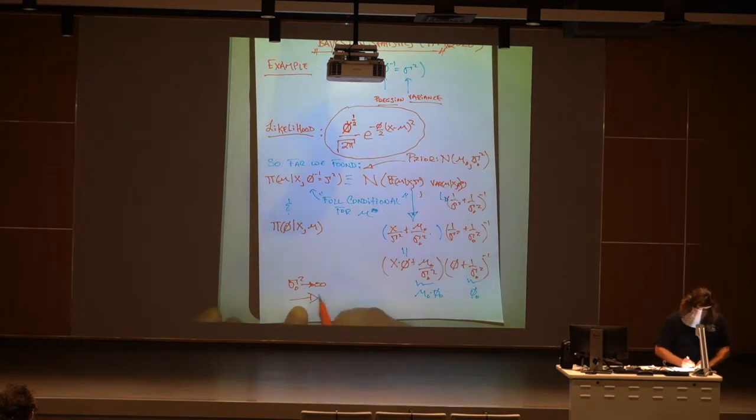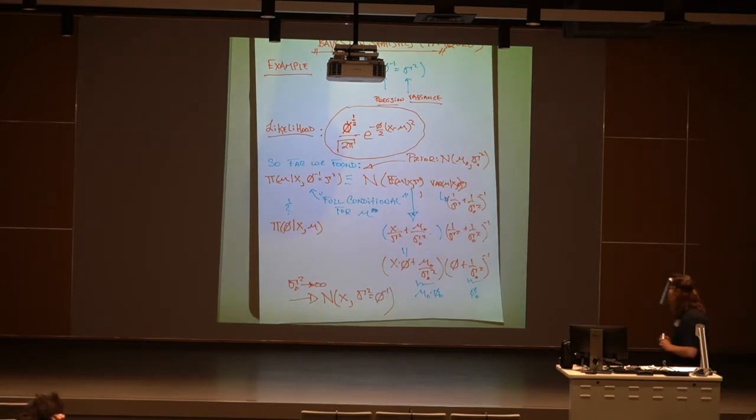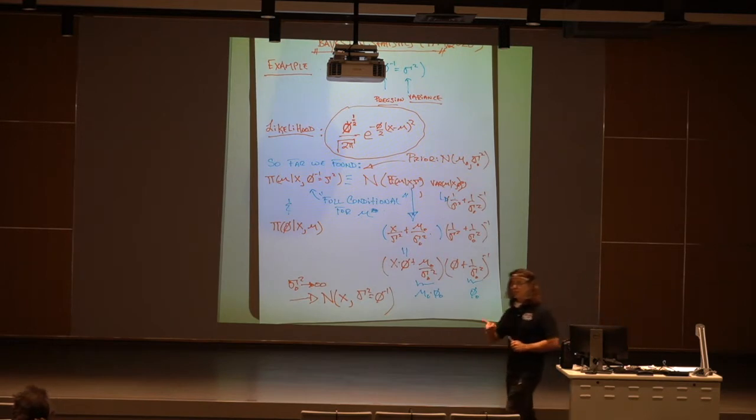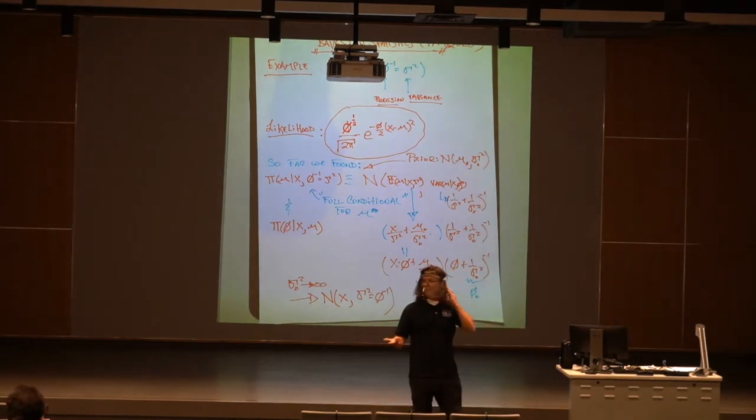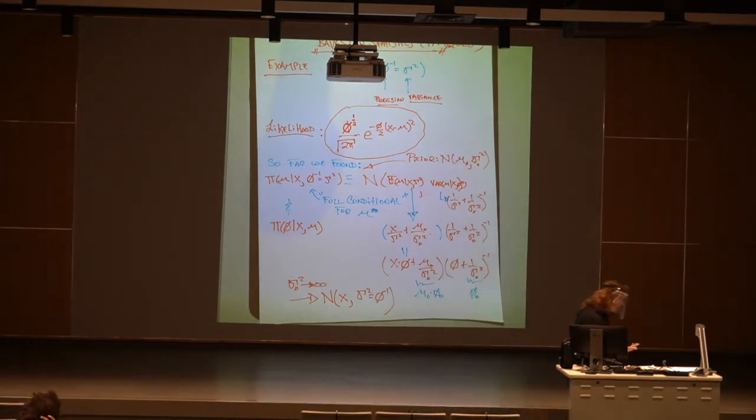This is just going to be a normal distribution centered at x with variance sigma squared. You could write it down like this as well. So I want you to get used to moving between variances and precisions. Not a big deal. Why do we like it? I think it's because we like gamma distributions. We don't want to memorize the inverse gamma.